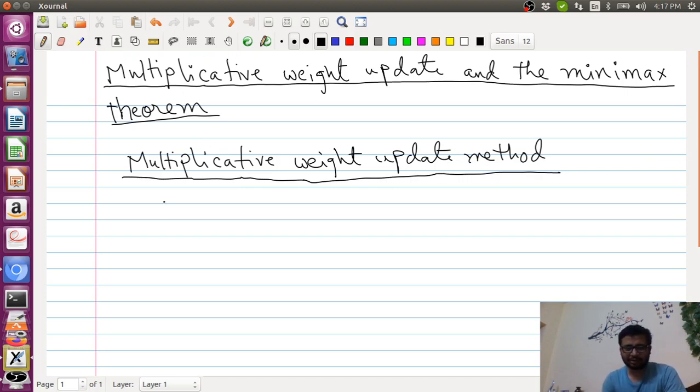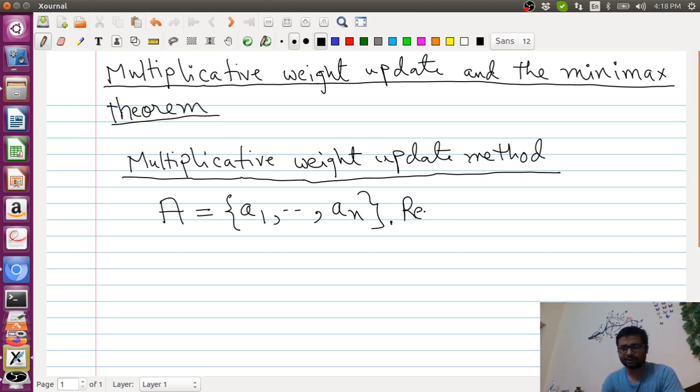So the starting point is a finite set A of n elements, A1 through An. We'll call A1 through An actions, and capital A the set of actions. And now we also need the notion of a reward function.